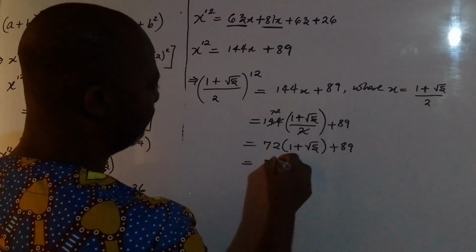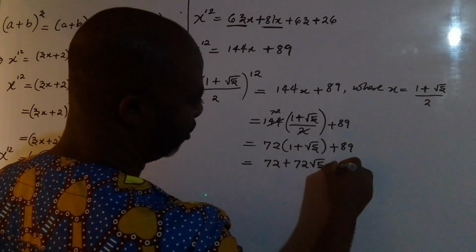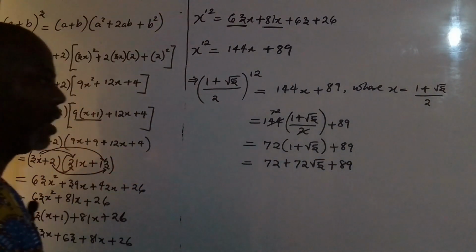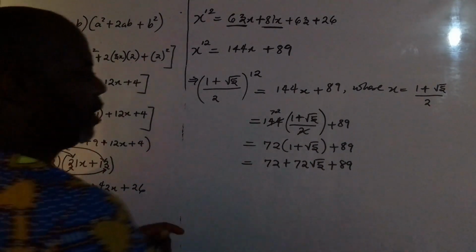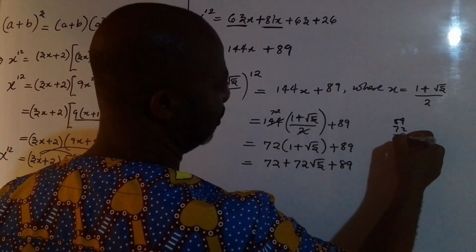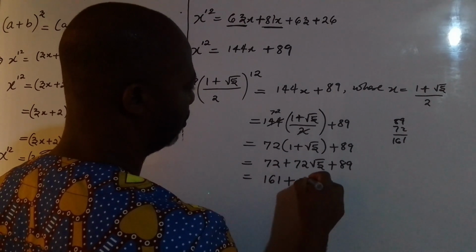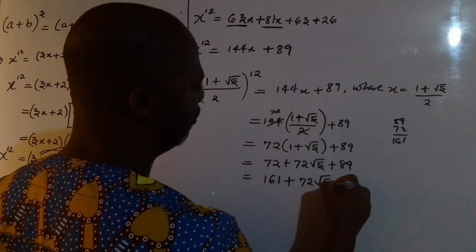So we have 72 + 72 root 5 + 89. So let's add that up. 89 plus 72 is 161. So we have 161 + 72 root 5.